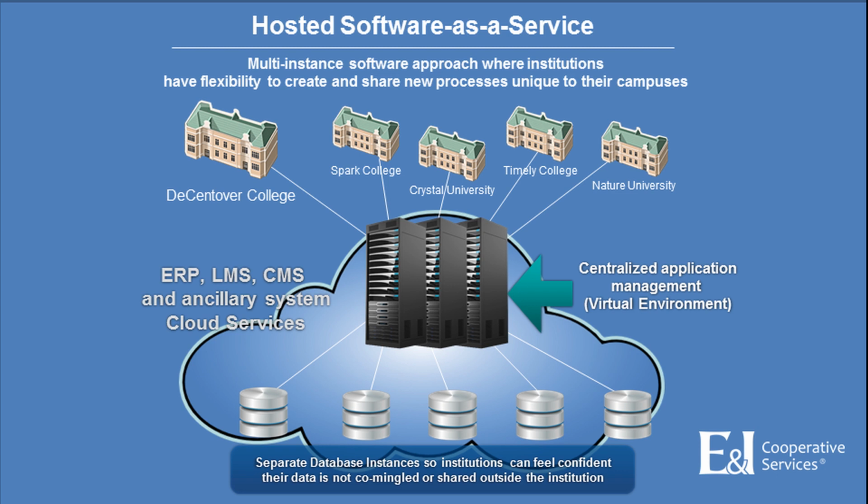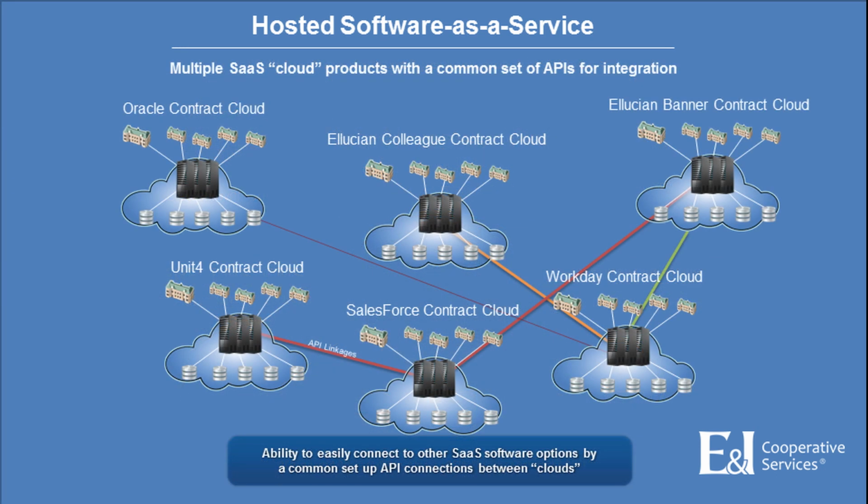As we go along, the software as a service contracts are going to be kind of their own cloud. So we'll have an Oracle contract, hopefully, or we'll be looking at an Ellucian contract or a Salesforce contract. That is all software that resides out in the cloud, much like a Yahoo or a Google, but you would be connecting to your own administrative system out in the cloud to save money, time and staff overhead.